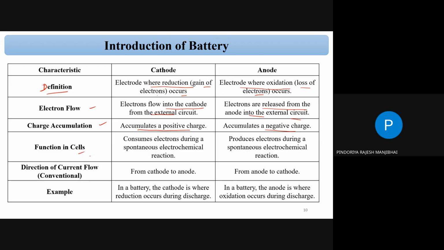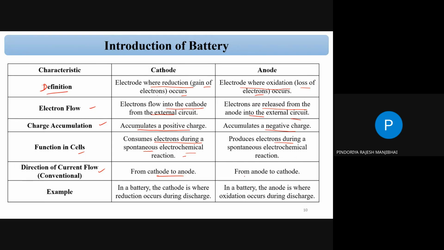Function in the cell: the cathode consumes electrons during the spontaneous electrochemical reaction, and the anode produces electrons. Direction of current flow: in the cathode, from cathode to anode, that is positive to negative, and current always flows from positive to negative.